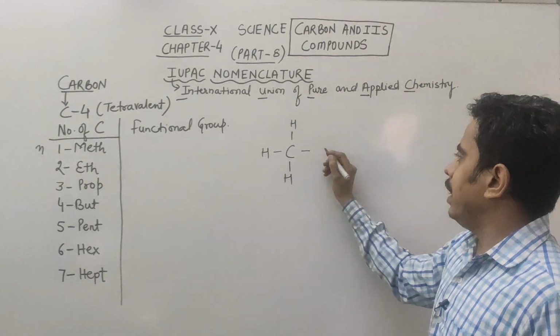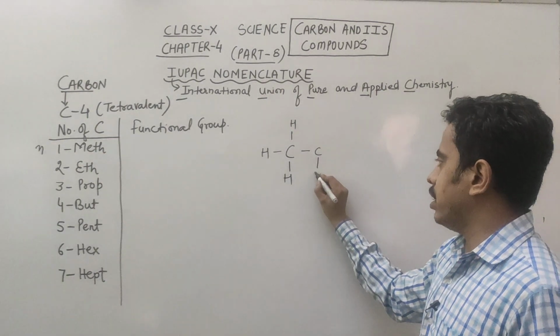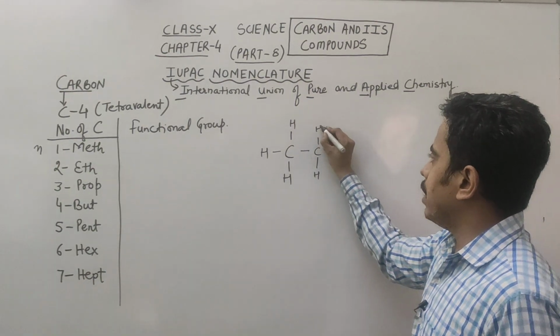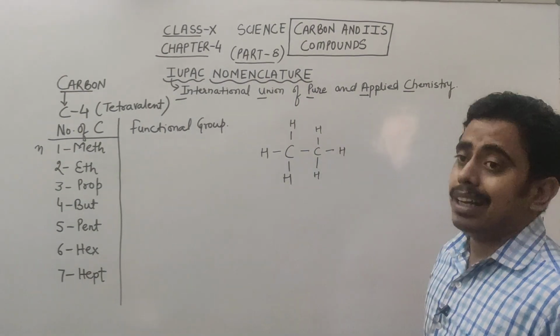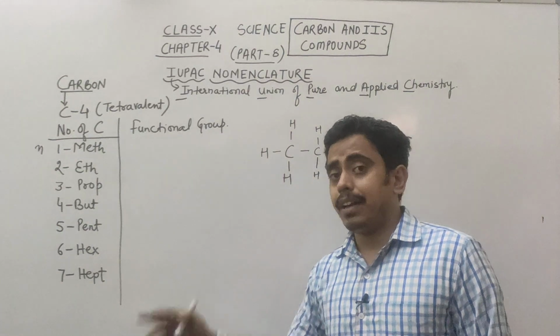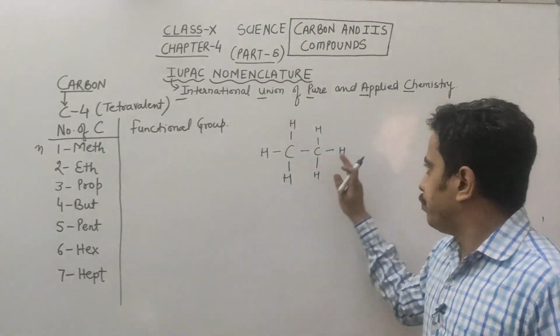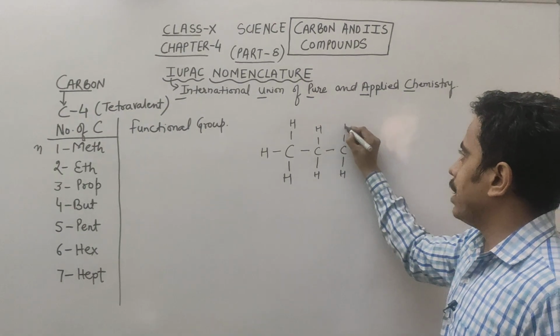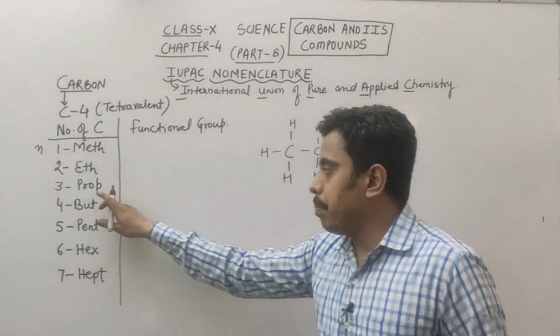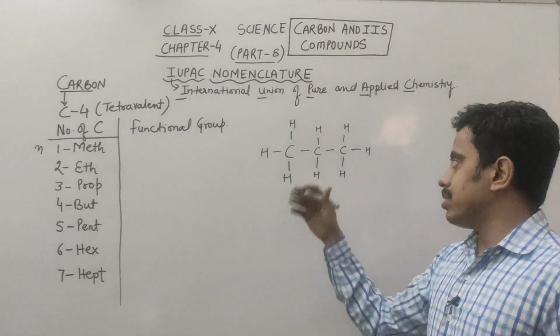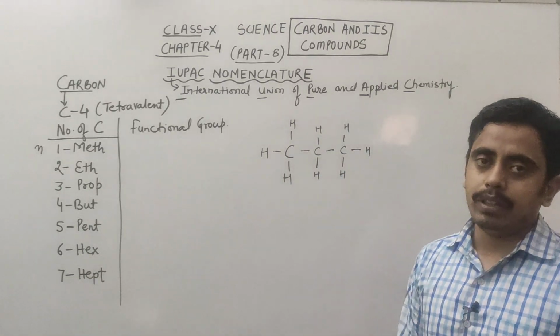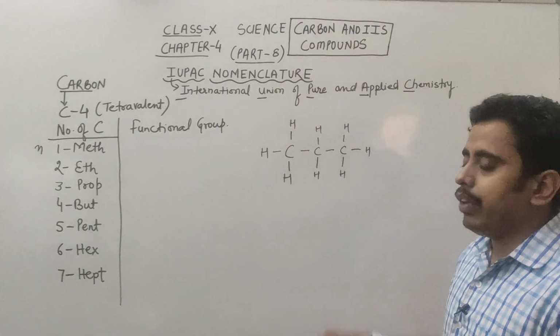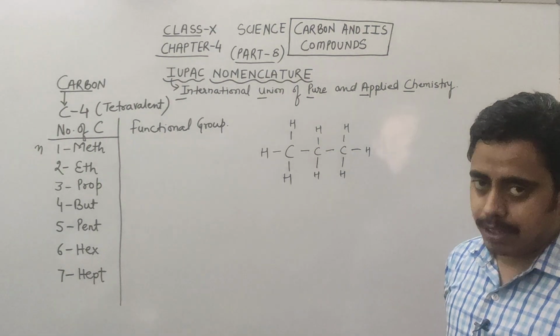Similarly, if one more carbon atom attaches here, then 2 carbon atoms are there, and it is named ethane. If 3 carbon atoms are attached, it will be named propane, because there are all single bonds between the carbon atoms. This we have seen in earlier classes.